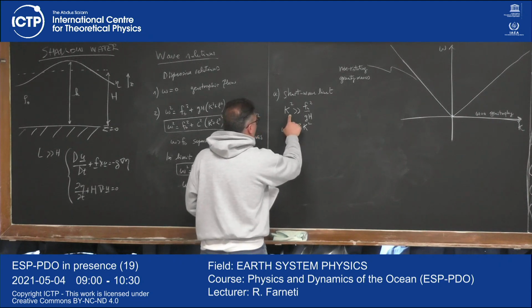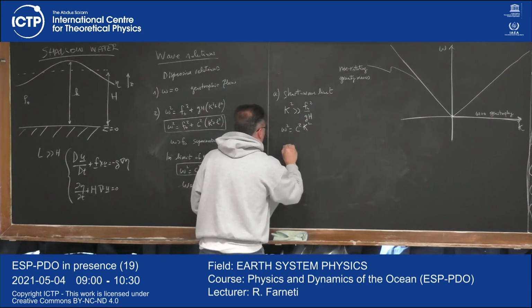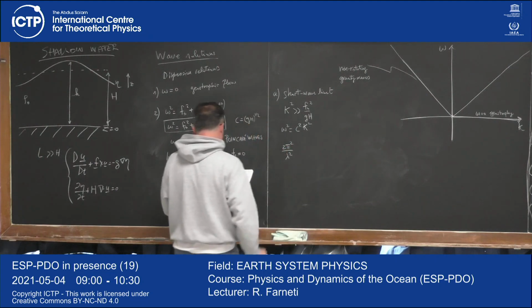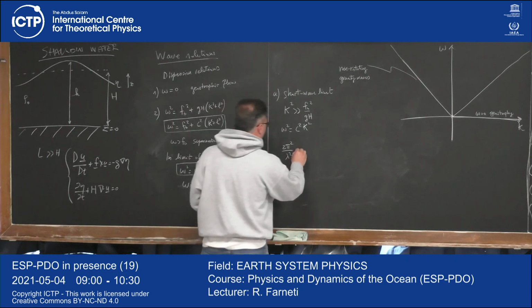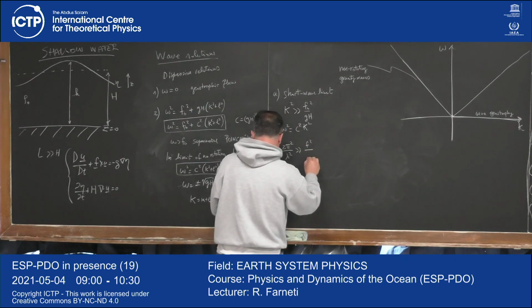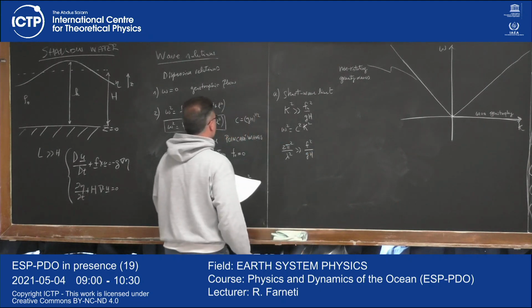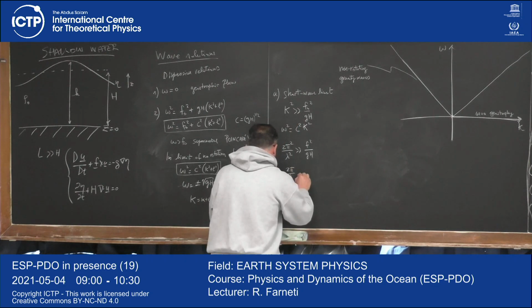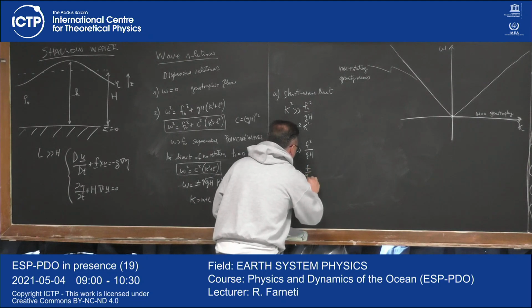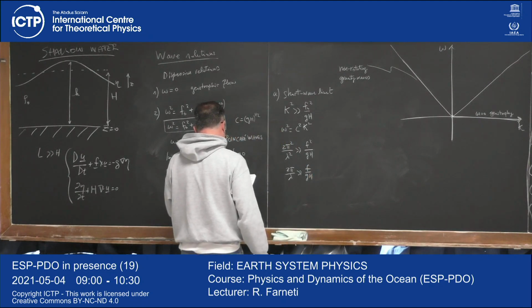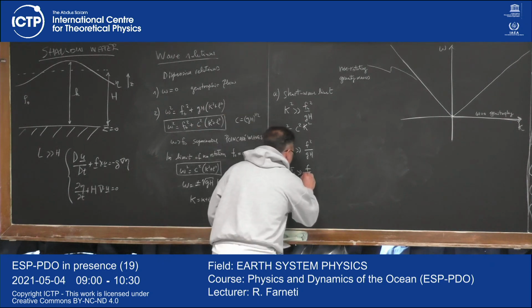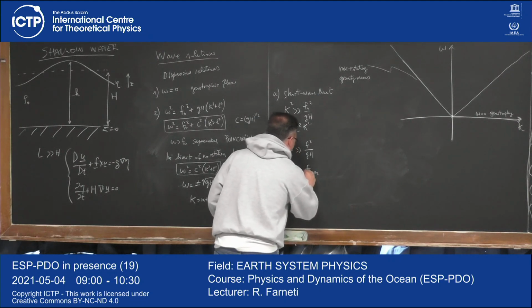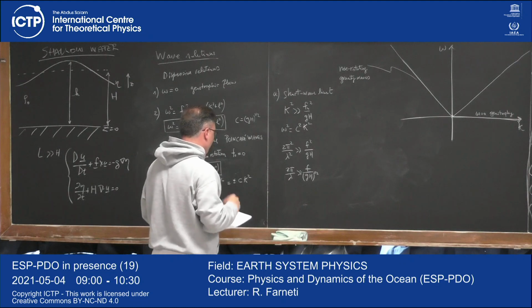And you can see that because if you substitute kappa with the wavelength, you have 2 pi over the wavelength squared, which is much larger than f square over gh. Okay, so this means that 2 pi over lambda is much larger than f over square root of gh, which is c.